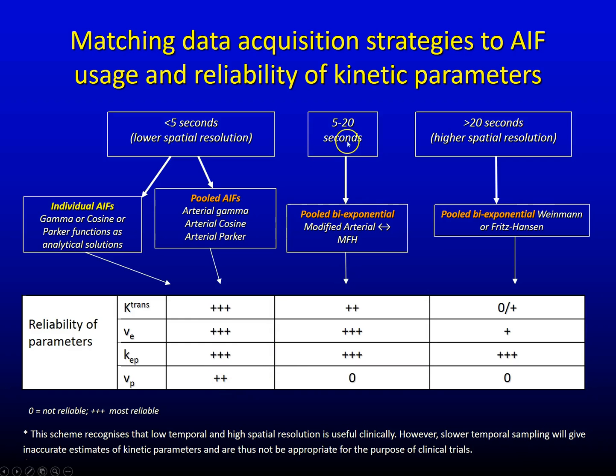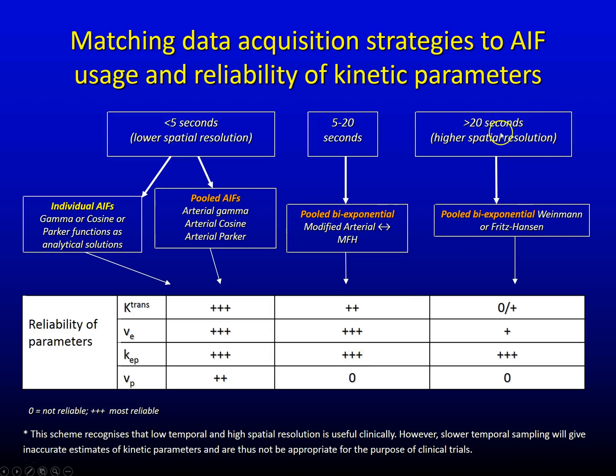If you had a data acquisition that was between 5 and 15 or 20 seconds, then you should not use an individualized AIF. You're probably better to stick to a pooled bi-exponential AIF such as the modified Fritz-Hansen approach, and that would give you reasonable reliability of Ktrans, leakage space, as well as the washout or KEP.